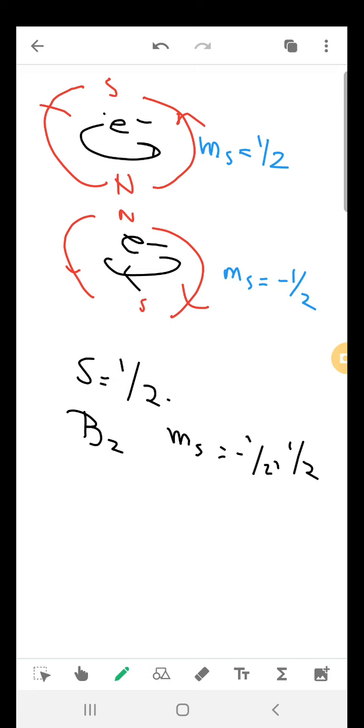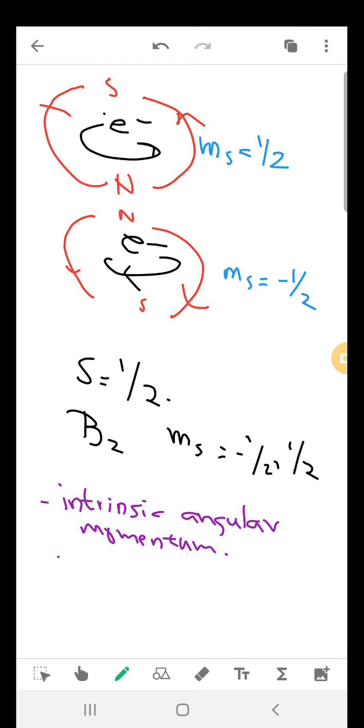Now, the electron is considered as a charged sphere spinning about its own axis. Due to that, it will possess some intrinsic angular momentum, and it will also possess an intrinsic magnetic moment.